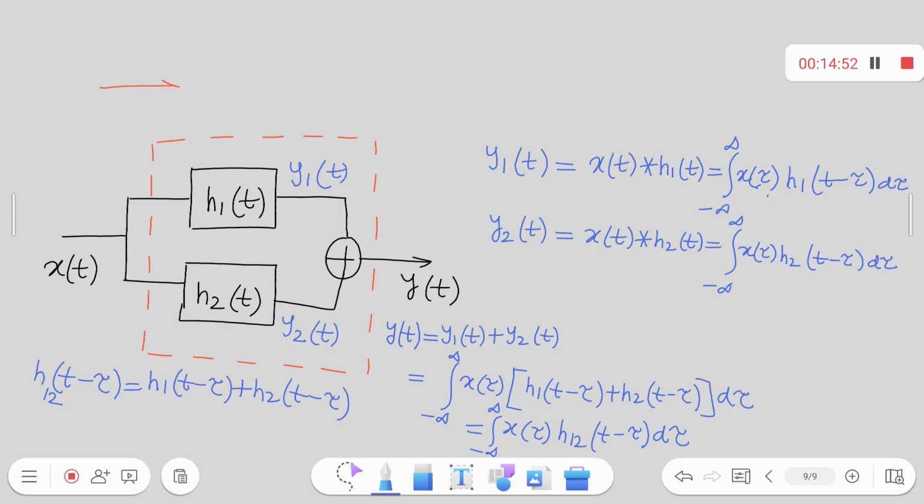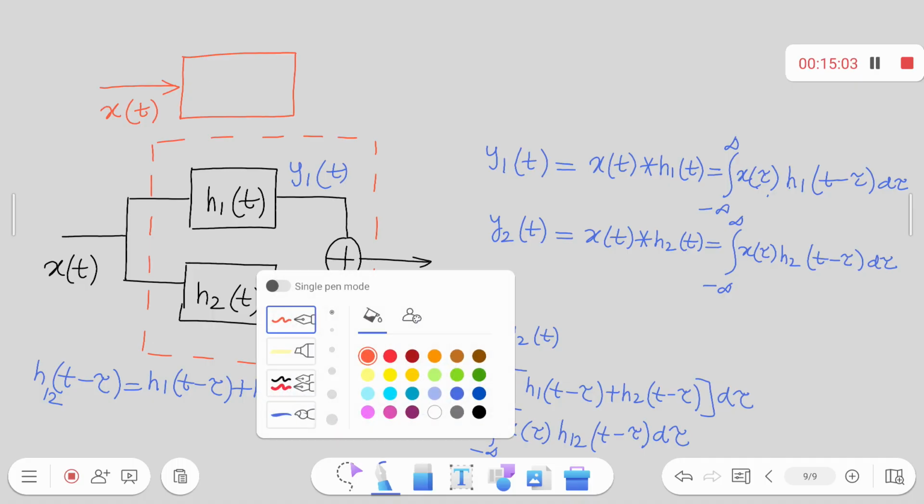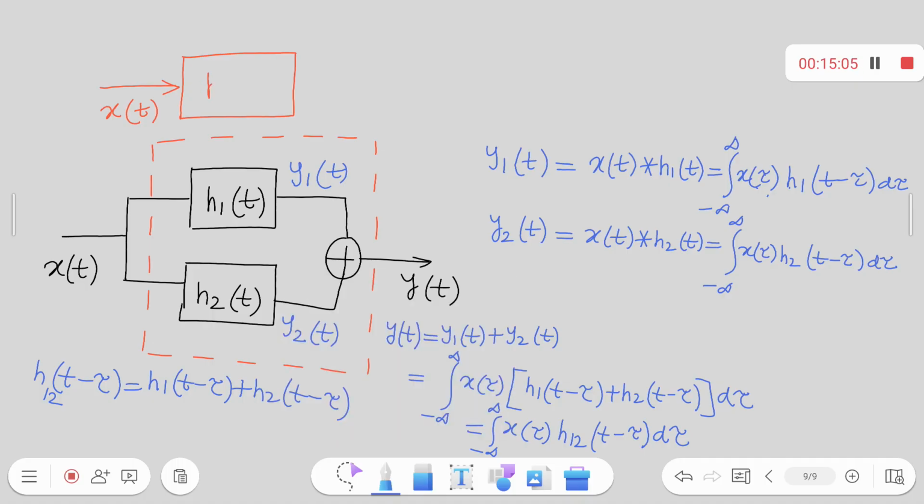And what I mean to say is something like that. I would like to have x of t there, one system there, which I call say h12 of t, and that will produce the same output y of t.